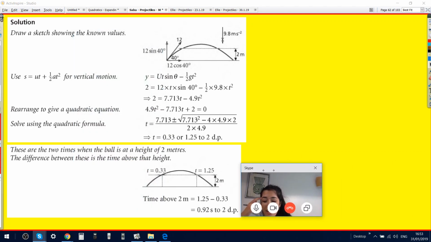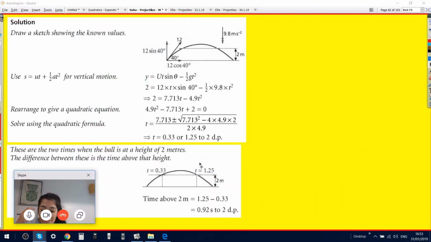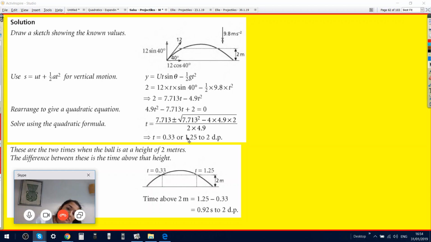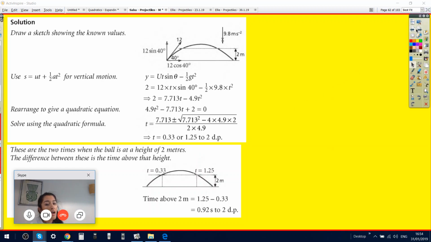Oh yeah, I am getting 1.25 and 0.33. But they're negative though. Okay, but the absolute difference between them will still be the same thing, 0.92. Because you'd get minus 0.33 minus 1.25. You'd end up with minus 0.33 plus 1.25, which is the same as 1.25 minus 0.33.